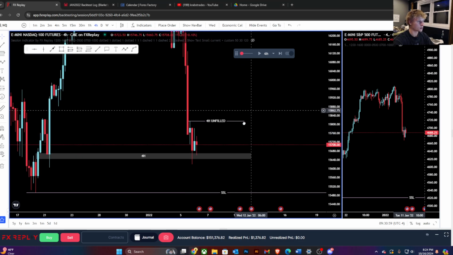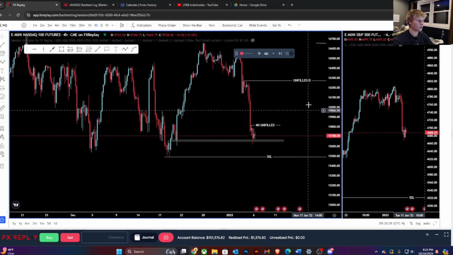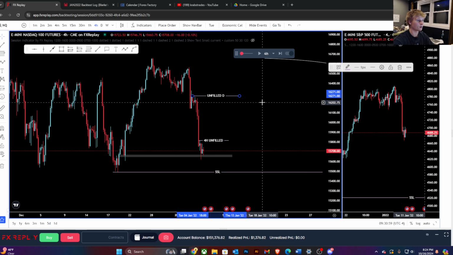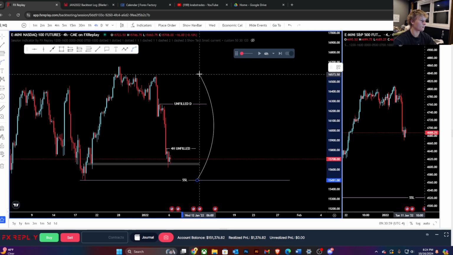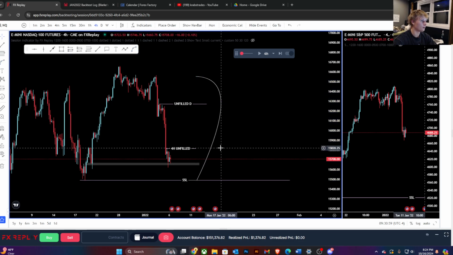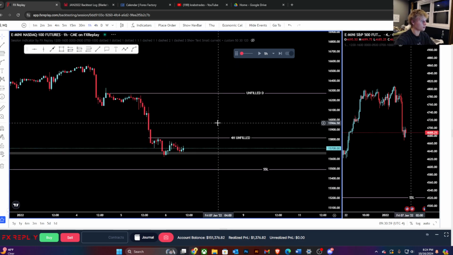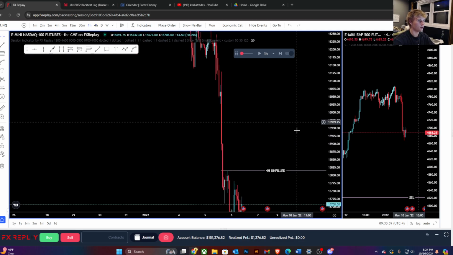But we're gonna see what the lower time frames tell us. But higher time frame, leaning more bearish right now. Looks like a higher time frame sell model. But we do have that 4 hour unfilled above us. So let's see what the hourly is telling us.